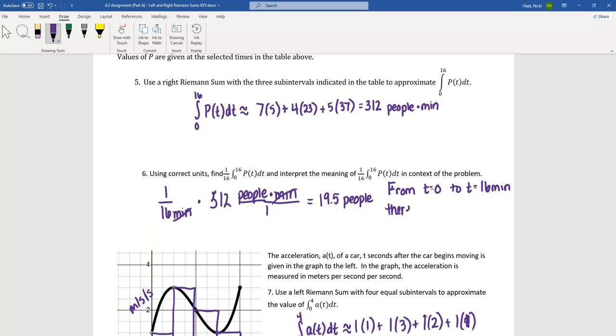What's going to happen here is going to be our average, right? So there is an average of 19.5 people in the store.